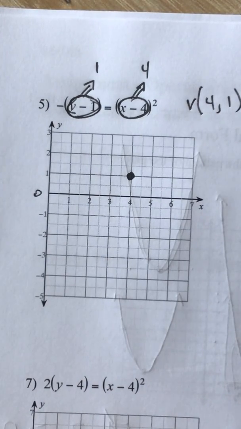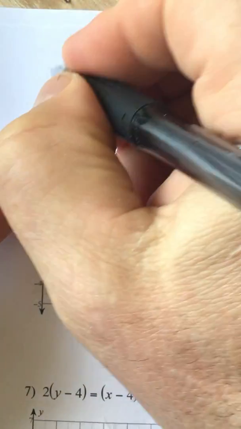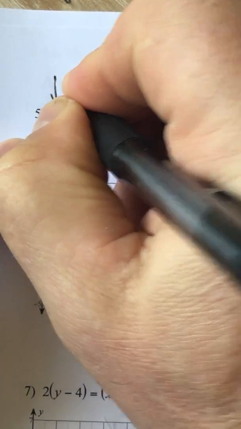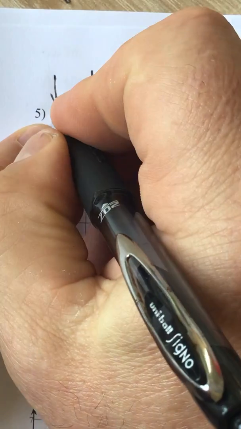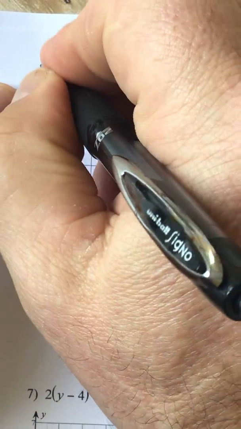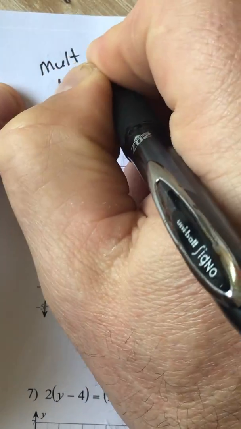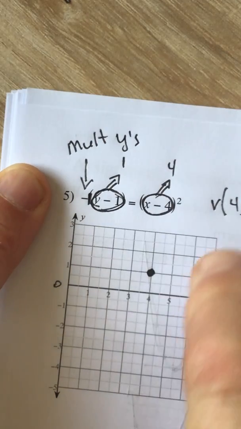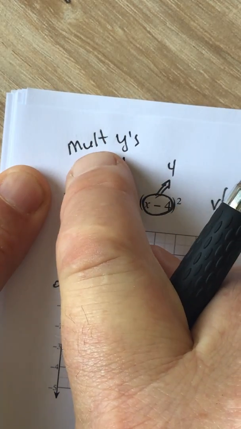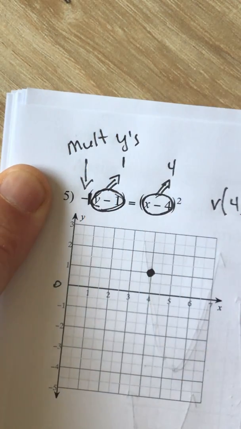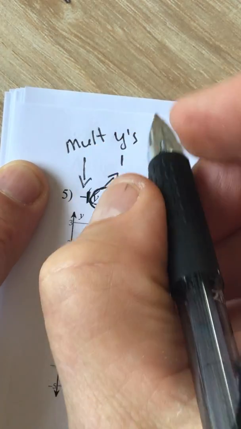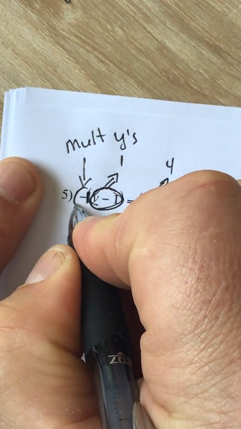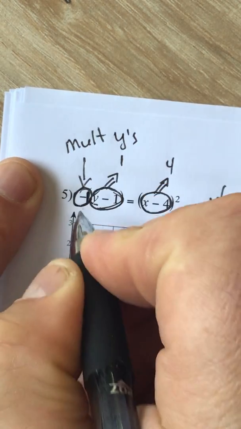Okay, but this problem also has a multiplier on it. You see how there's that negative right there? That negative is being multiplied onto the y's. Now just a negative implies there's a -1 there. So I have a multiplier on the y's. There's no multiplier on the x's, there's only a multiplier on the y's. So the y's are all going to be multiplied by the inverse. So I need to make something, what's the multiply inverse to -1?